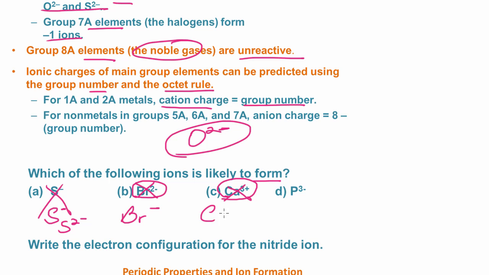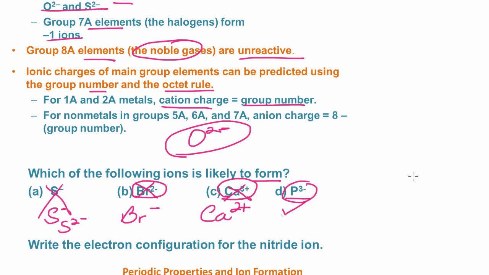This would not form, but this would. And then we have the phosphide ion, and that is in group 5A, and 8 minus 5 is 3. So phosphorus can gain 3 electrons to become the phosphide ion with a -3 charge.